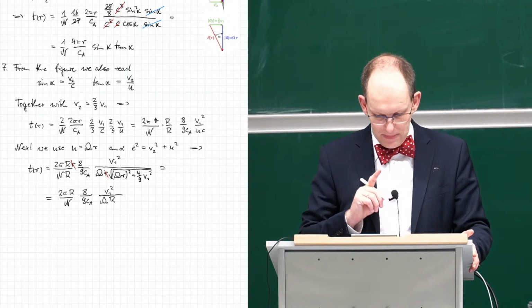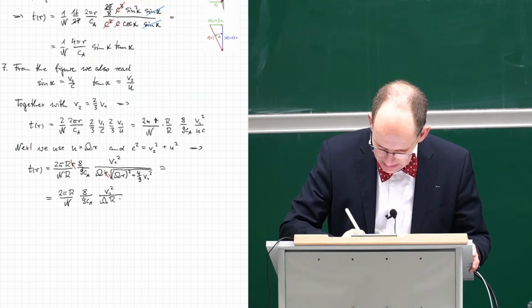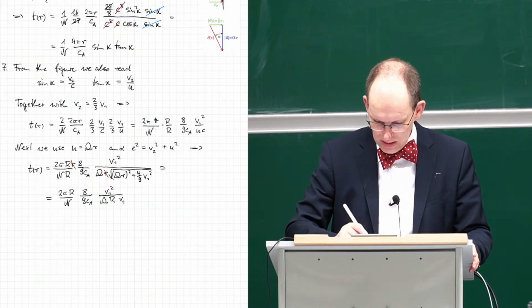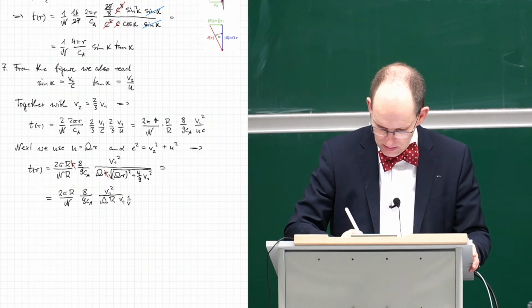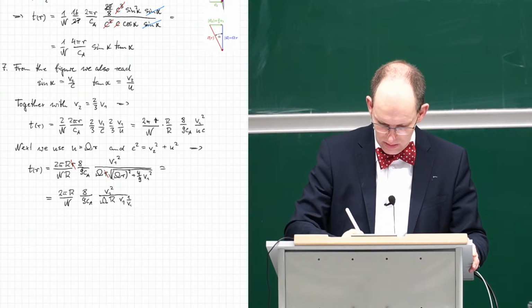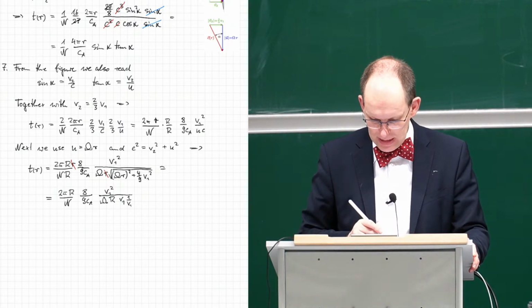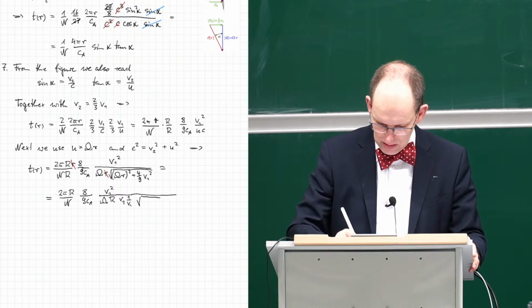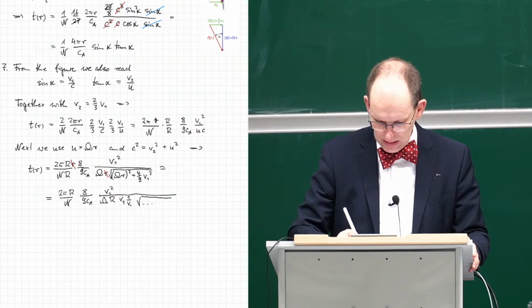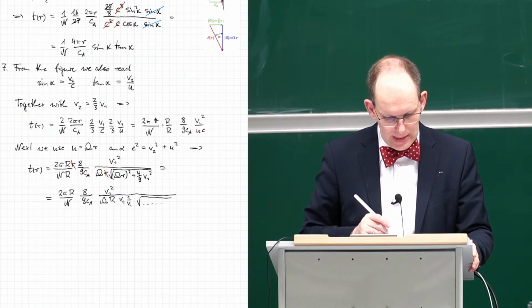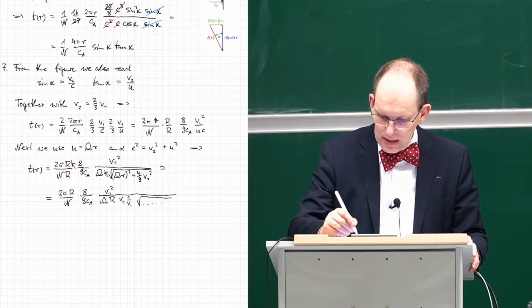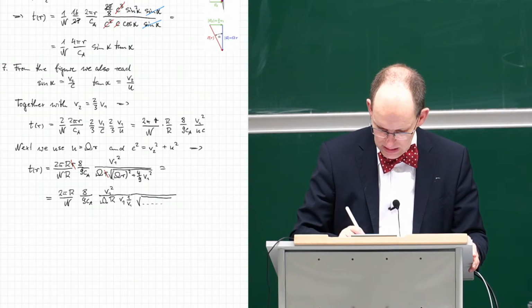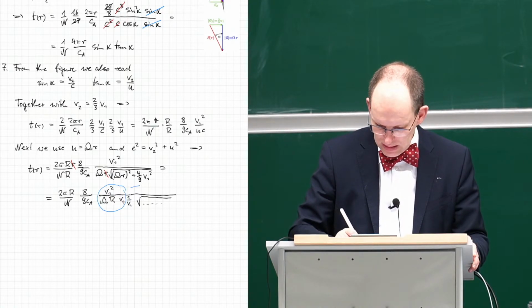So then we expand the entire thing with V1. I always can do this. And then we still have the square root of the entire thing, right? And now if you look at this part here, then you see that this is equal to 1 over the tip speed ratio.